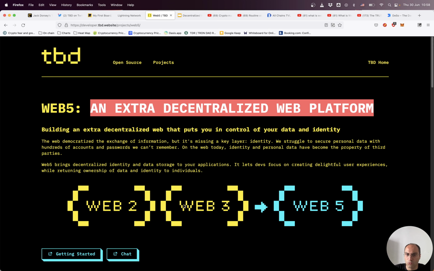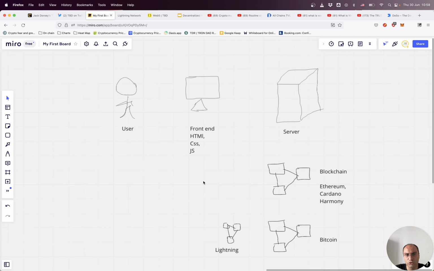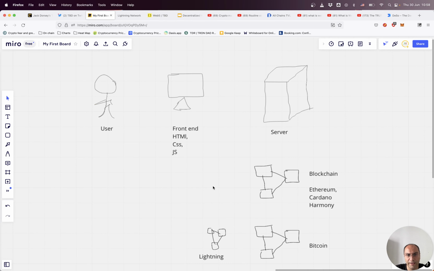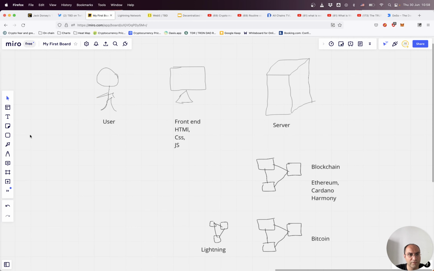Then we have seen Gavin Wood explain about Web3. I have a video about that one, where I explain what Web3 is. And now Web5. But what exactly is Web5? Let's go to this chart and I can explain what Web5 is.